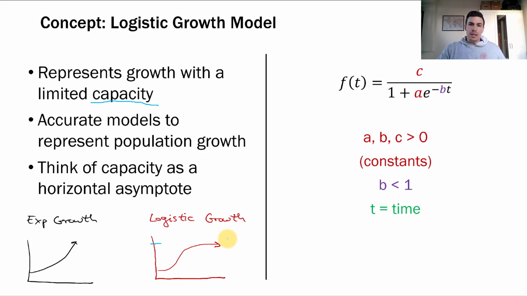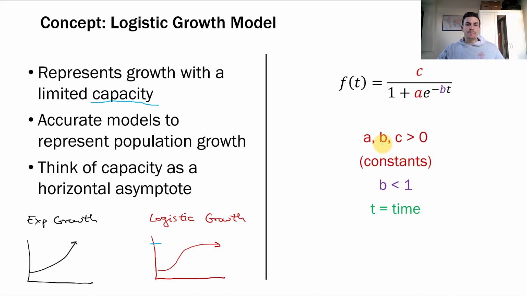Now the equation for our logistic growth, make sure you write this down, and if you didn't already, pause the video and write down the exponential growth and decay equations as well. So we have f of t is equal to c over 1 plus a e to the negative bt. a, b, and c are all constants, and you'll typically be given these constants in a problem.